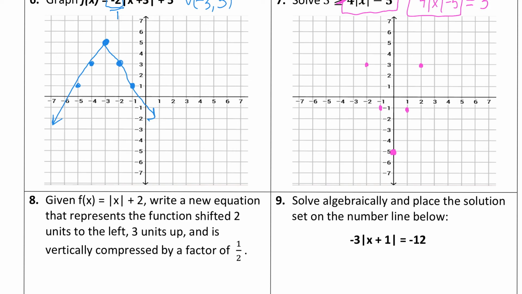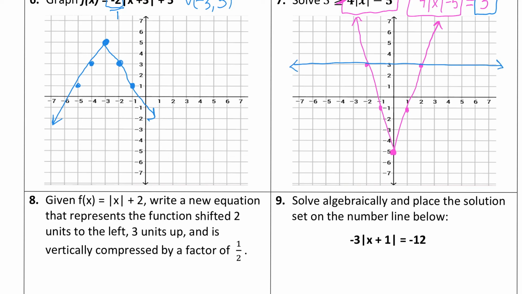So here's what our absolute value function looks like. Okay, then we're also going to graph this other side just with a horizontal line at y equals 3. So that's going to go across right here.